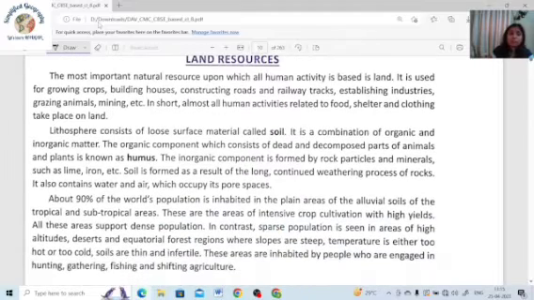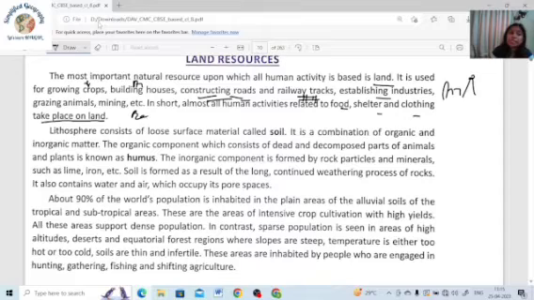Land is the most important natural resource upon which all human activity is based. It is used for growing crops, building houses, construction of roads, railway tracks, establishing industries, grazing animals, mining, etc. In short, almost all human activities related to food, shelter and clothing take place on land.